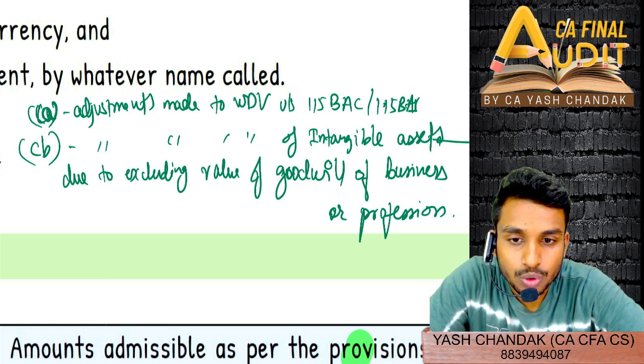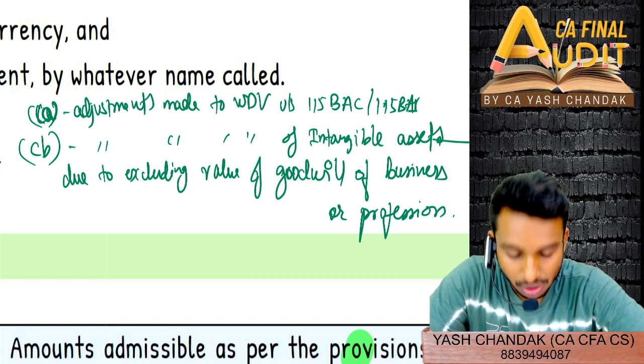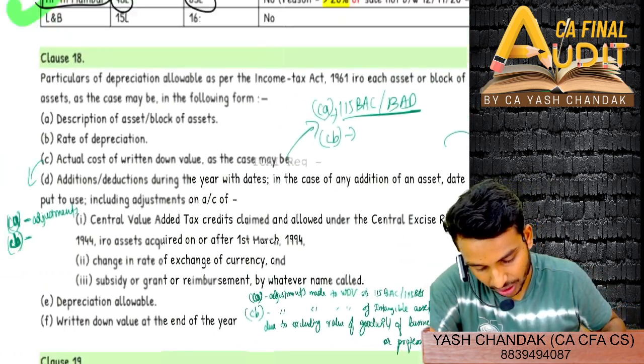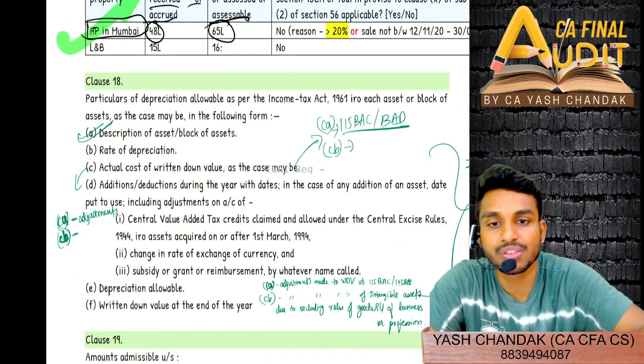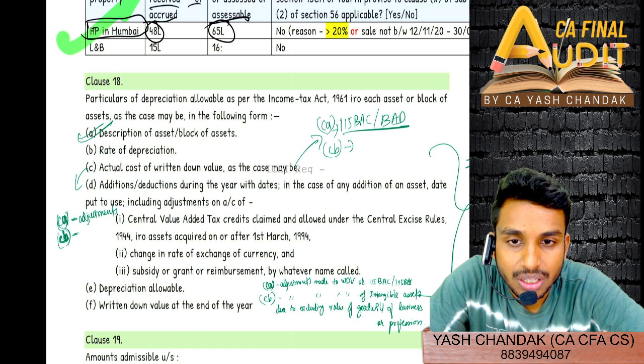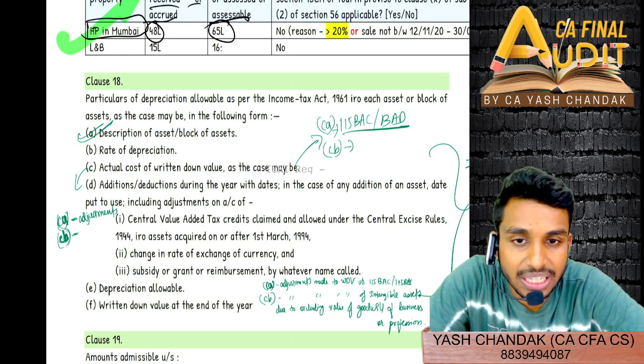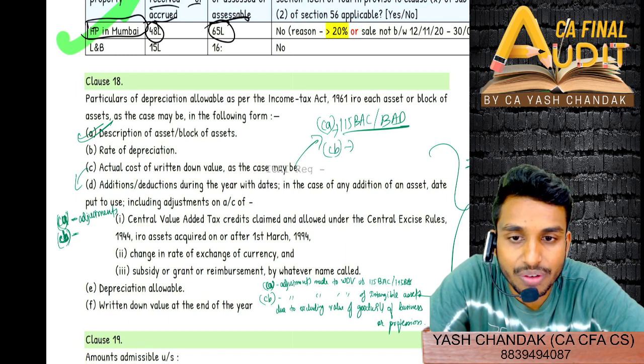See, if you go through the SM study material, they have given for each and every point. For point A there is a huge para on how you will check. Then for actual cost or WDV they have given a huge para: verify that the SOD has happened for 182 days or more and the asset is used for less than 180 days. Then there is a segregation of assets.